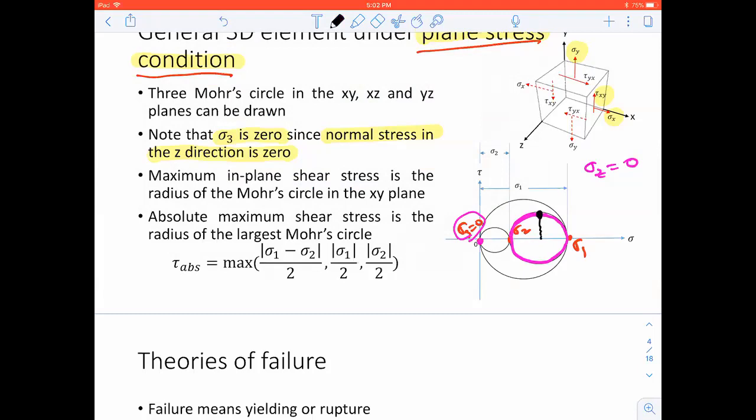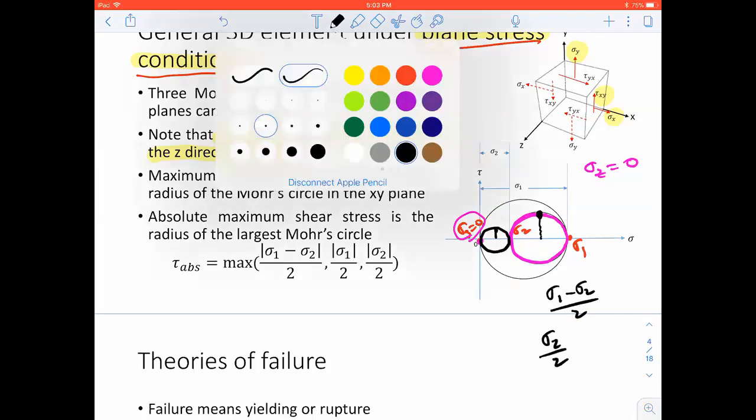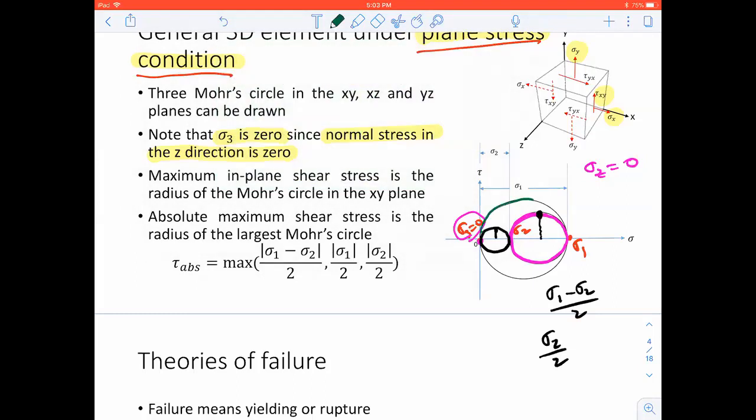And that's equal to what? The radius of this pink circle, which is sigma 1 minus sigma 2 divided by 2. For this black circle, the radius is going to be sigma 2 divided by 2. And for this purple green circle, your radius is going to be sigma 1 divided by 2, because sigma 3 is 0.